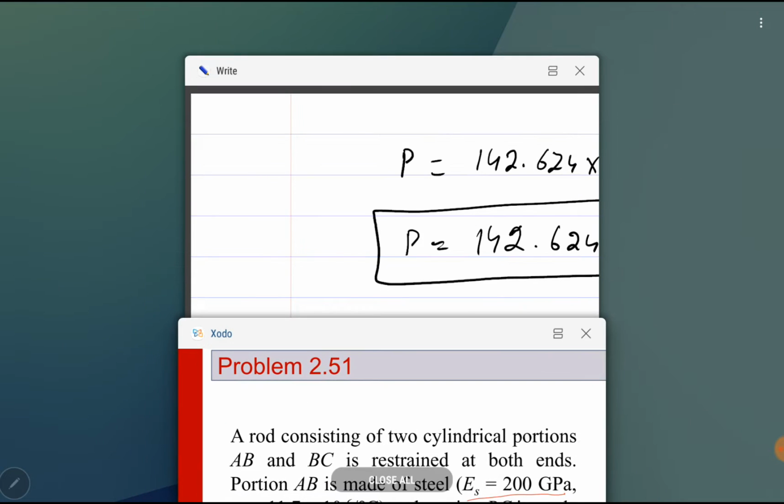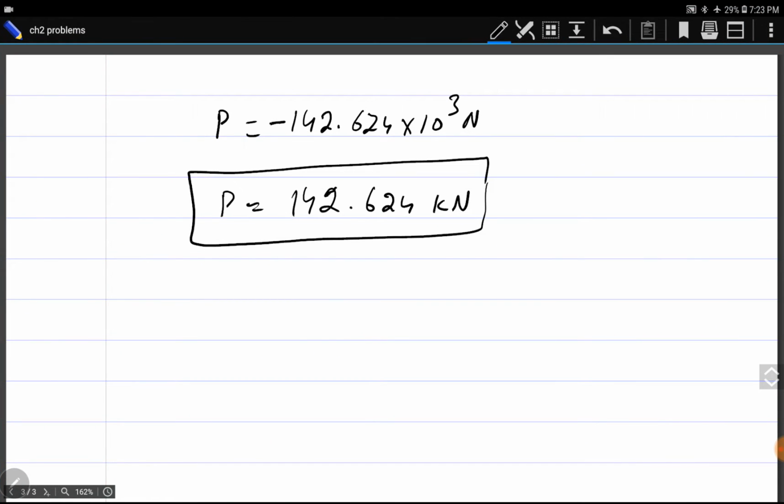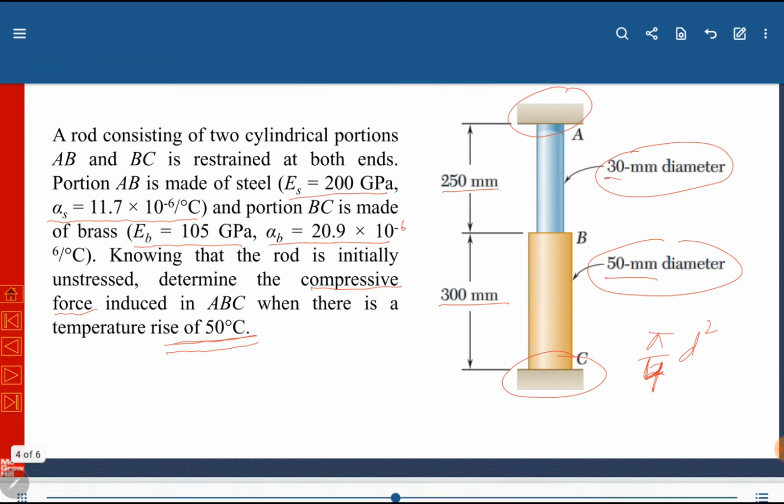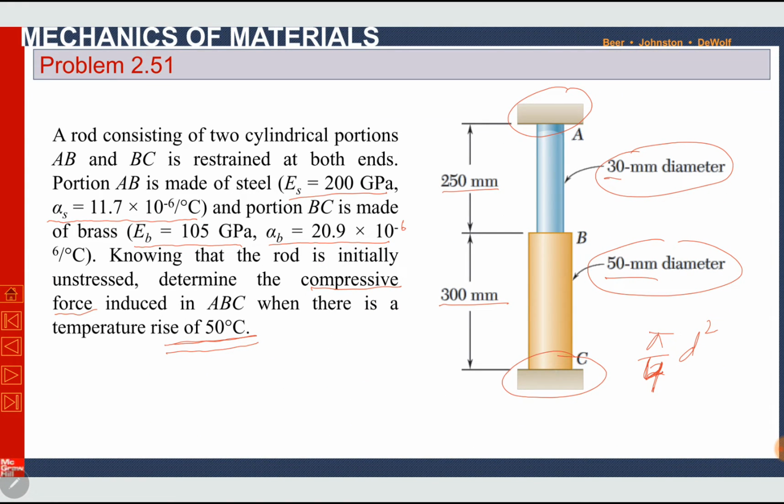Sorry, this will be negative. If you do the calculations, P will be negative. The compressive force required at end C so that this rod ABC is not allowed to expand due to increase in temperature or due to thermal strain. Okay, so we will move further.